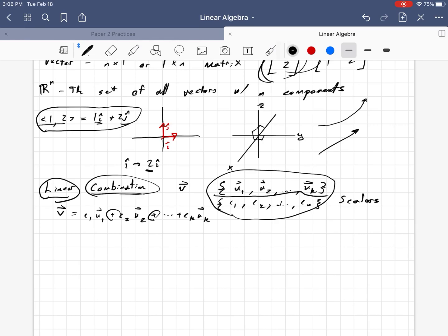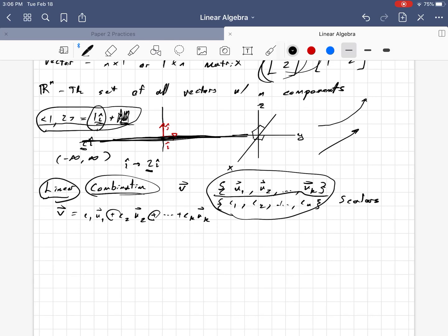And when I mentioned up here the 1, 2 being expressed as a linear combination of i hat and j hat, another way you might think of this is that if I were to get rid of the j hat here and just consider the i hat, and let's say I had c i hat for some arbitrary scalar c, then as I change c from negative infinity to infinity, in other words, if I go from 1,000,000 to minus 1,000,000, I would trace out a line here, right? i hat would be shifted.